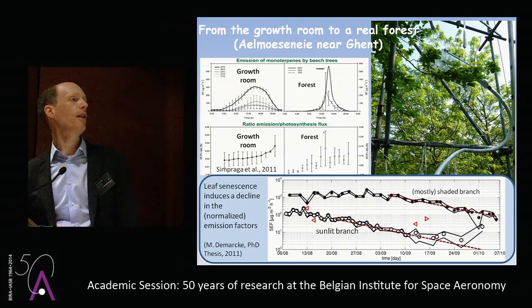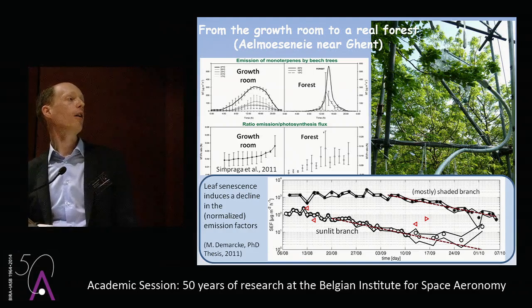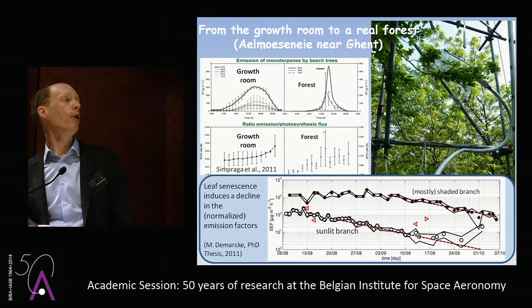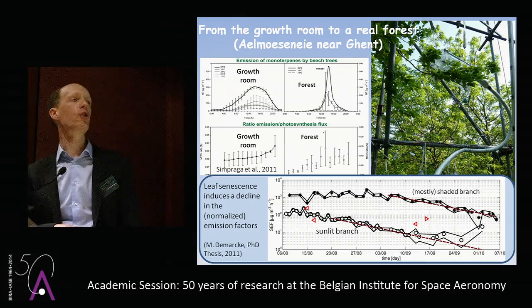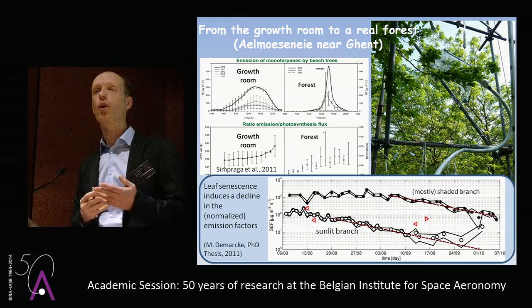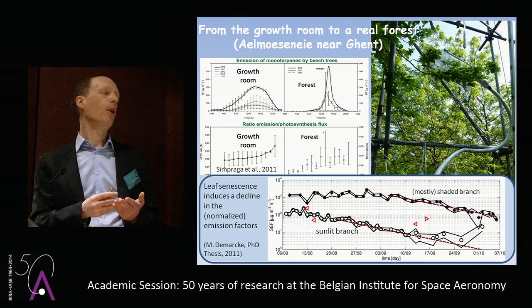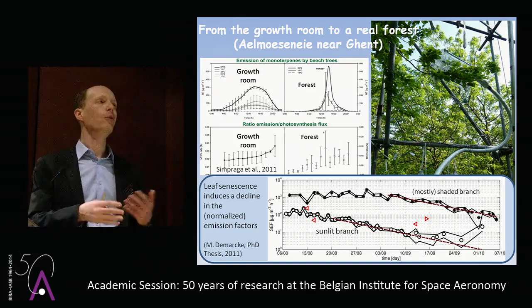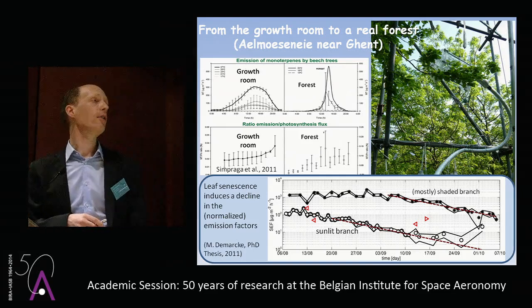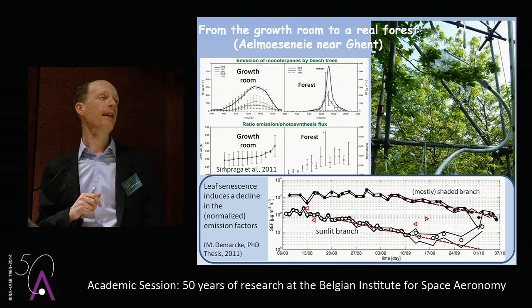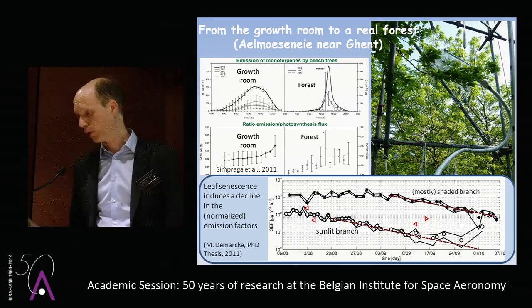So it's a very remarkably exponential decrease in the emission capacity, which is represented here as a function of time. But it turns out that the sunlit branch is affected sooner compared to the other branch. So it's like the more exposed to the sun a leaf is, the faster it ages, and in time it is less capable of emitting monoterpenes.